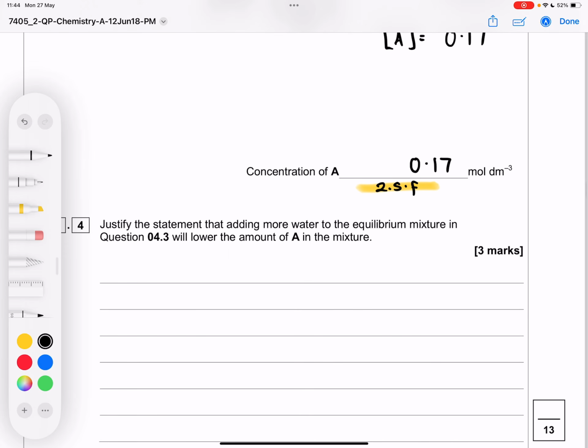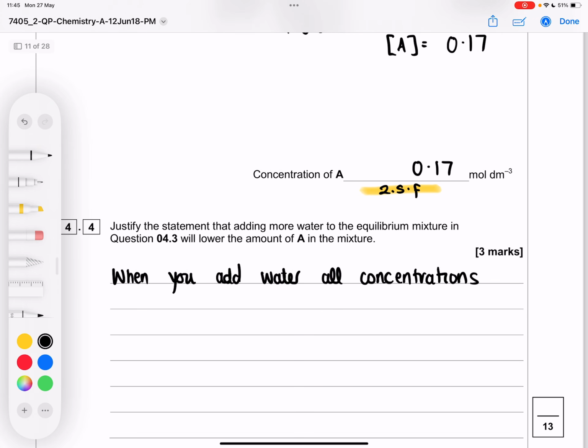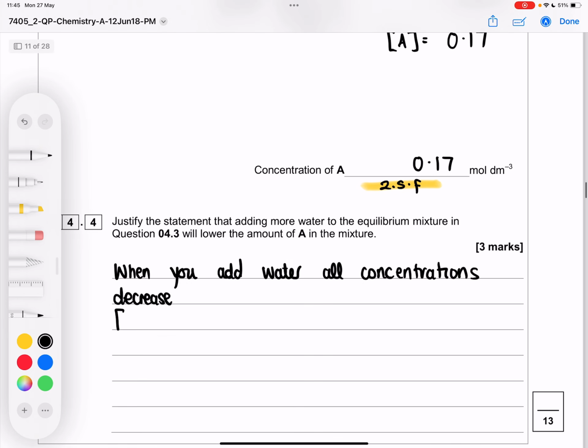When we add more water, when you add water, all the concentrations decrease. What will happen then is you're going to shift to the side with the most moles to increase the concentrations more, to oppose that decrease.